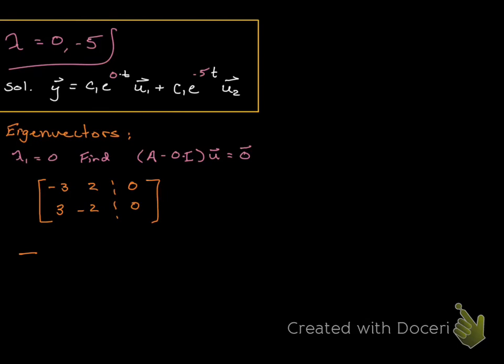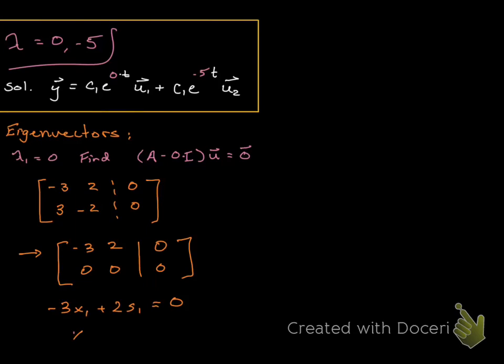So I go through the reduction here. I can eliminate the second row because it's a multiple of the first row: minus 3, 2, 0, 0, augmented with 0, 0. Okay, which gives me minus 3x1 plus 2s1 equals 0, right? There's a free variable because there's no pivot in column 2 of that matrix.